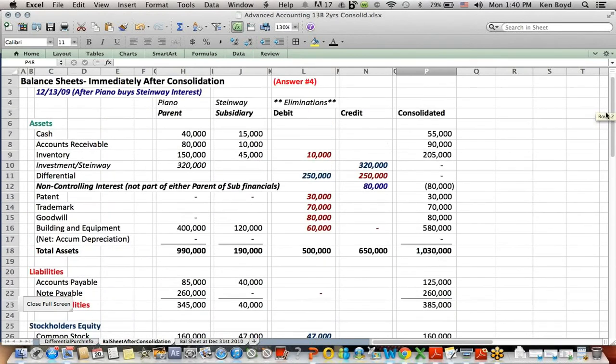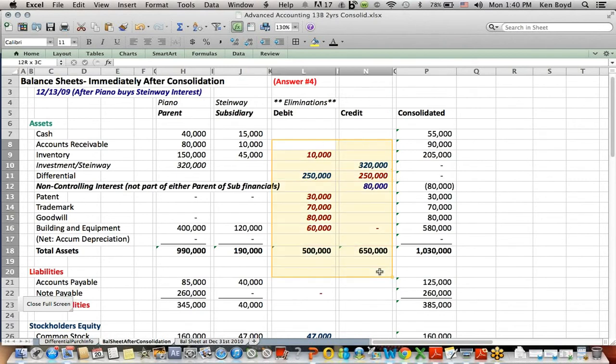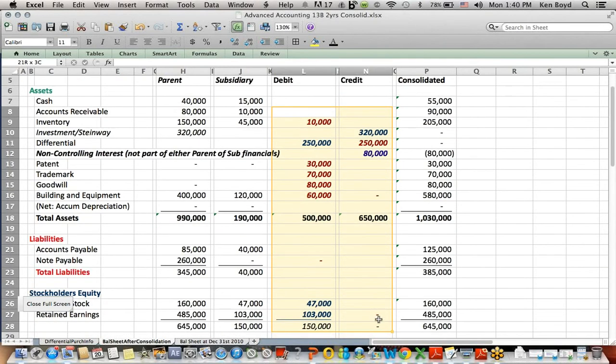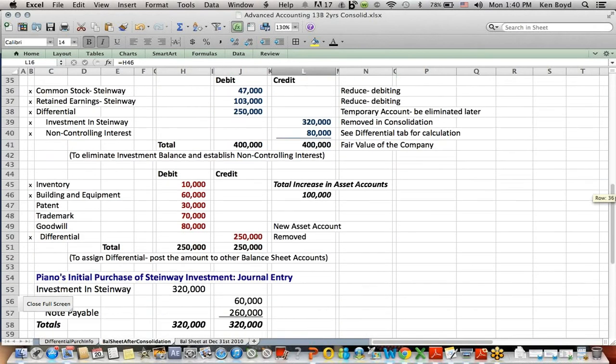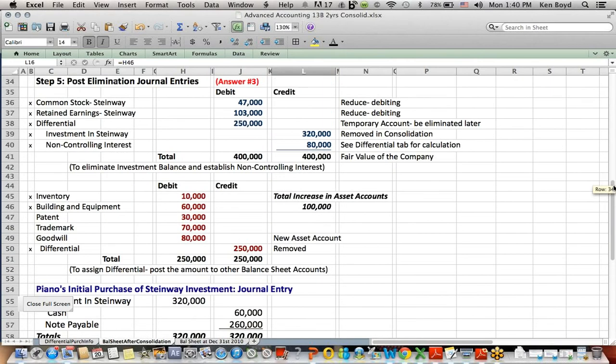And you'll see in blue up here, and if you want this template, you can email me. In blue, you see the elimination entries for the first entry. The brown entries are the second eliminating entry, which says we're going to remove the differential by crediting. We originally debited it.